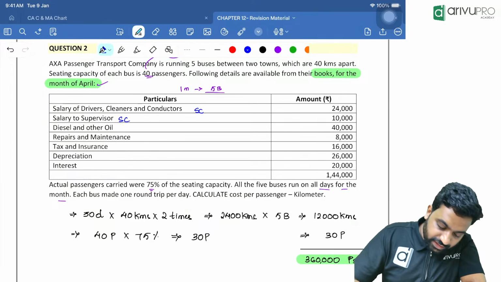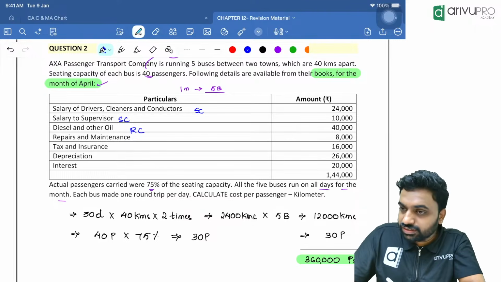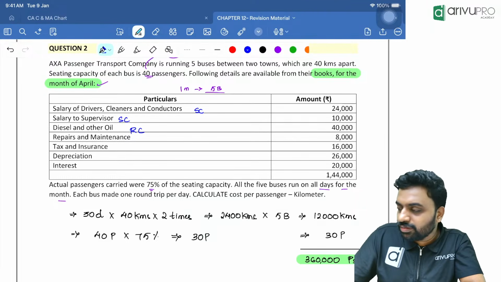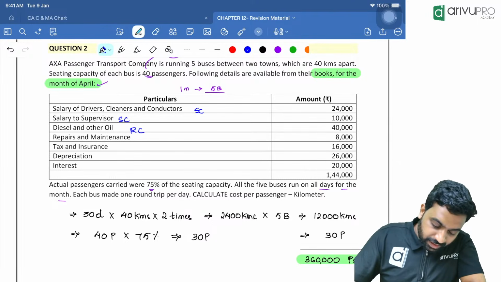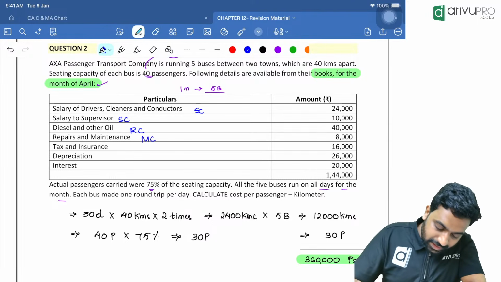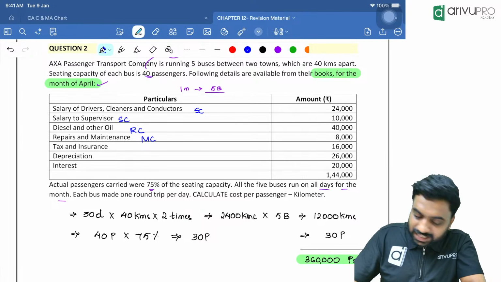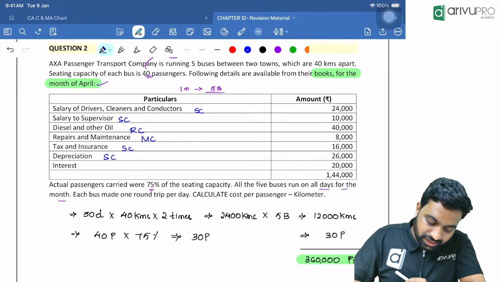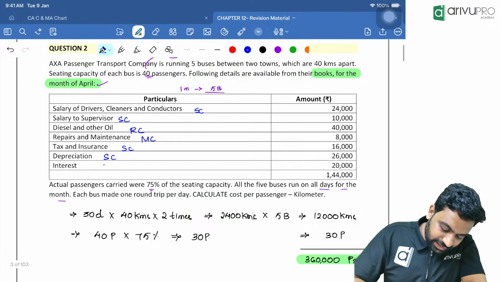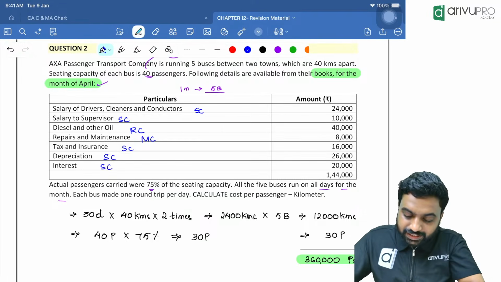Diesel and other oil, running cost. That is to run the business, buses, which is variable in nature. Repairs and maintenance, maintenance charges. Tax and insurance, standing charges. Depreciation, standing charges. Interest, standing charges.